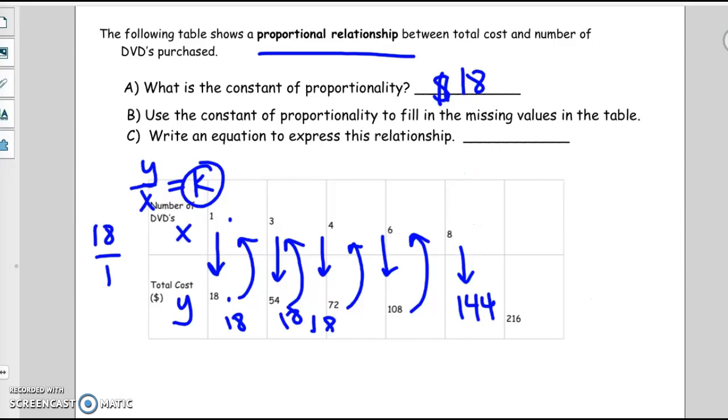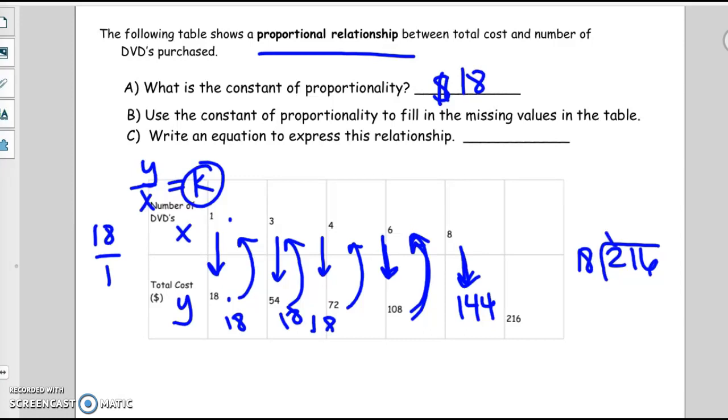Now to figure out this one, it's a little different because I don't have the X value, I have the Y. So I've been multiplying by 18 down here, but when I was going backwards, I would have to divide by 18 to get the number on top. So that's what we're going to do. We're going to divide 216 by 18. If you didn't do that originally, you need to pause and divide this yourself, okay?